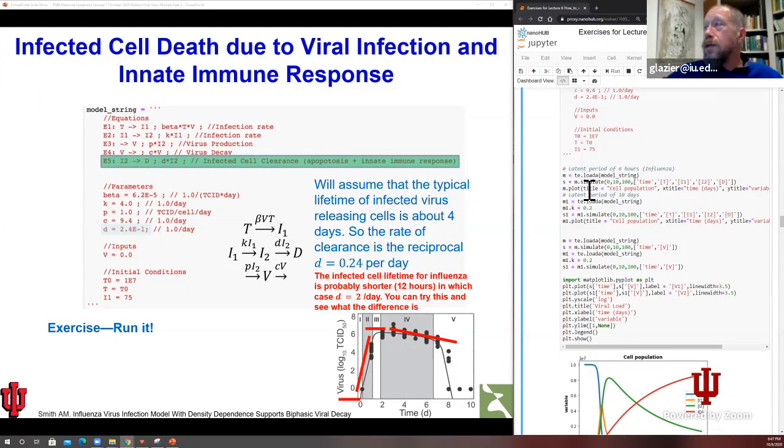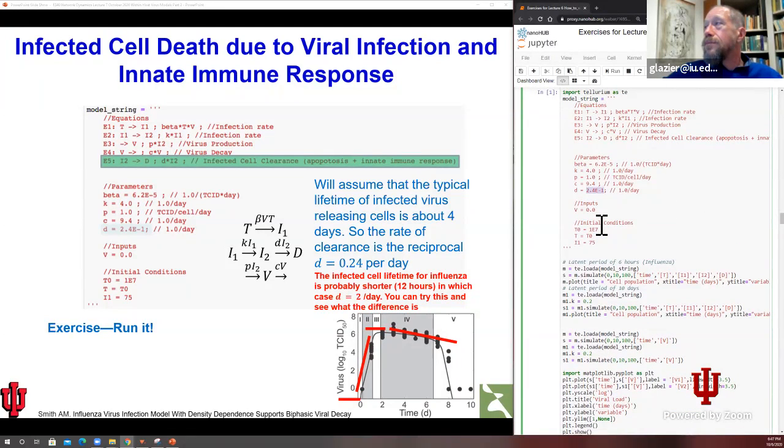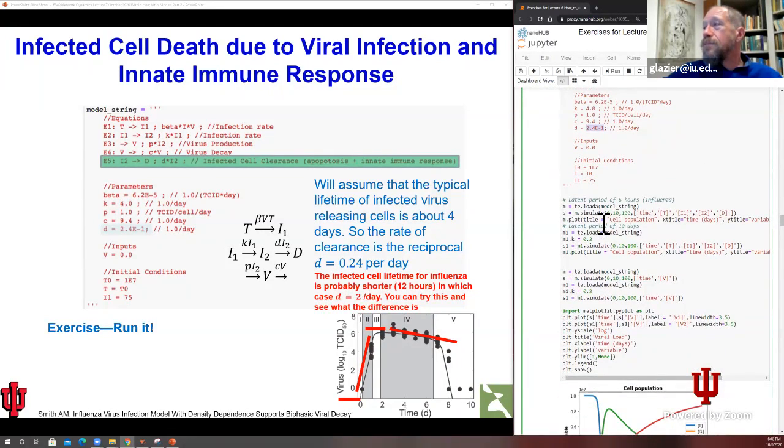Okay, so the first one here is the influenza case where the clearance time, for the death rate, was 4 days. And here I've changed K. K is the infection rate. I'm actually not sure why, now that I look at this, I have that there.